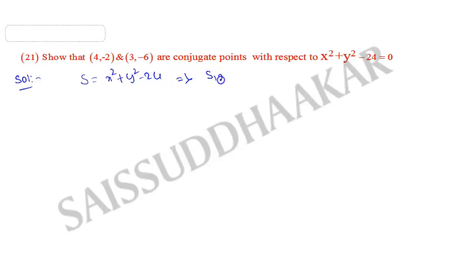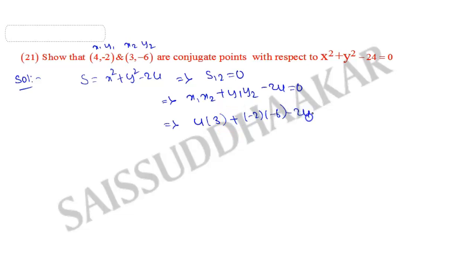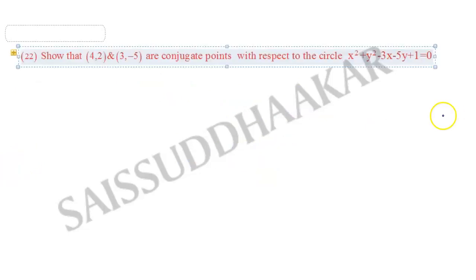The formula is S12 equals 0 implies x1 x2 plus y1 y2 minus 24 equals 0. So 4 into 3 plus minus 2 into minus 6 minus 24 equals 0. That is 12 plus 12 minus 24 equals 0, so 24 minus 24 equals 0. Hence the given points are conjugate points with respect to each other.